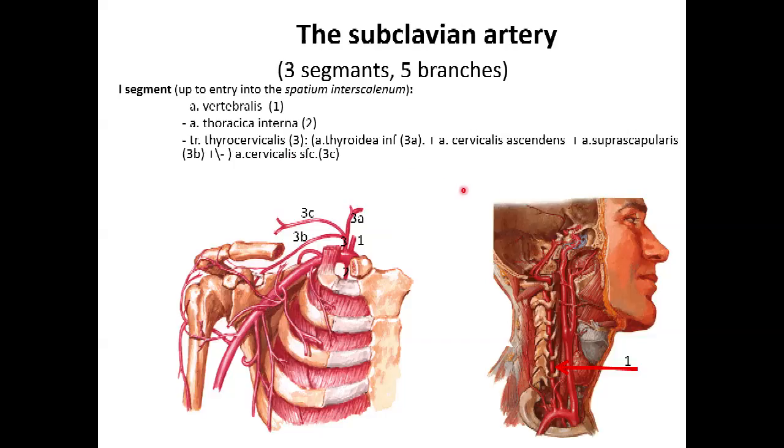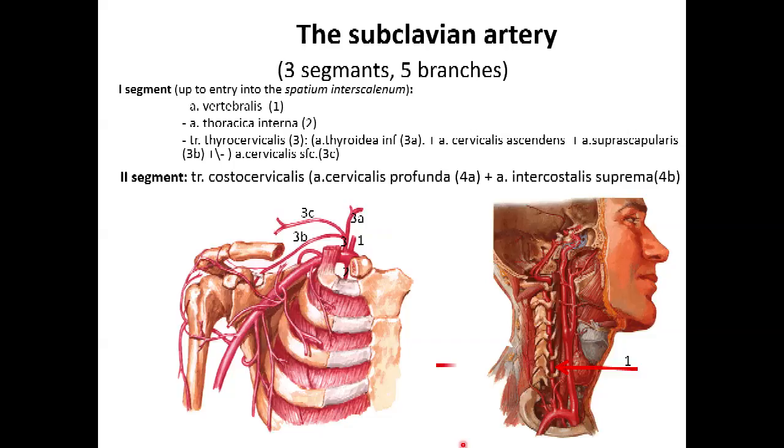One of the reasons of such differentiation is also the geographical and national peculiarities of variability of arteries. So, truncus thyrocervicalis and its branches. That was the first segment.